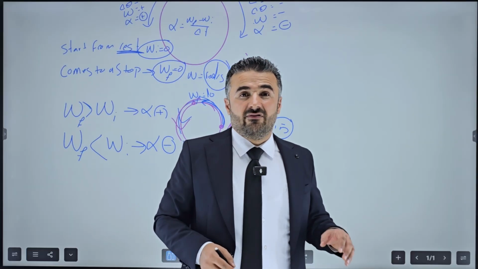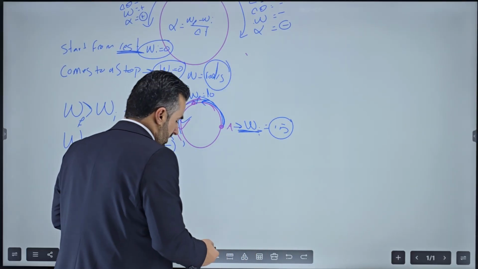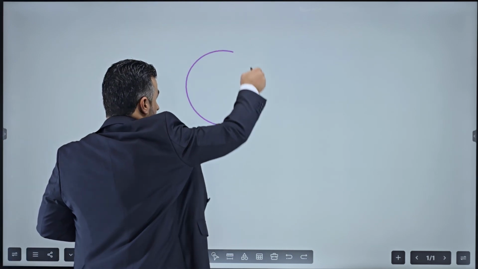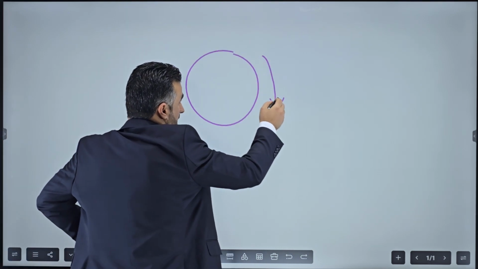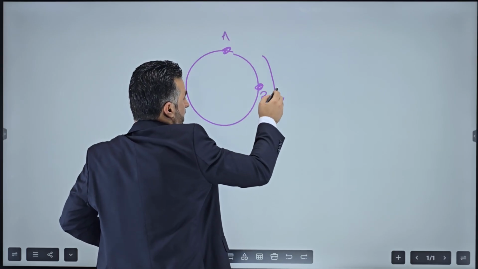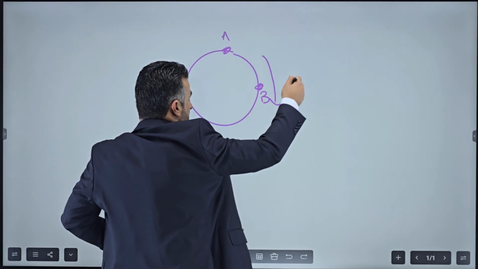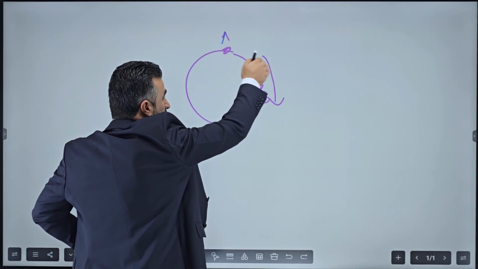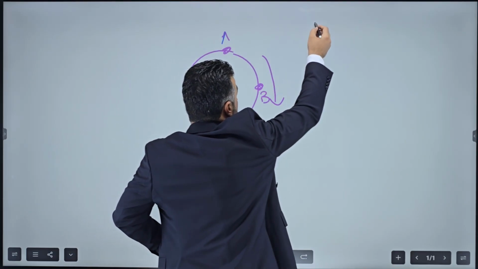But what happens if the rotation is clockwise? Have you ever thought about this? If the rotation is clockwise here, let's just say we start at point A and end at point B here. So we know that angular speed is negative, right? So let me just write down.